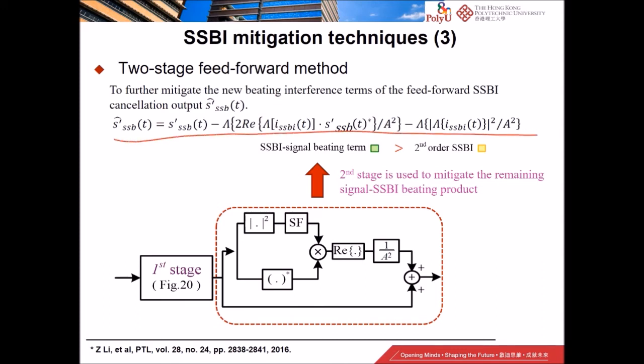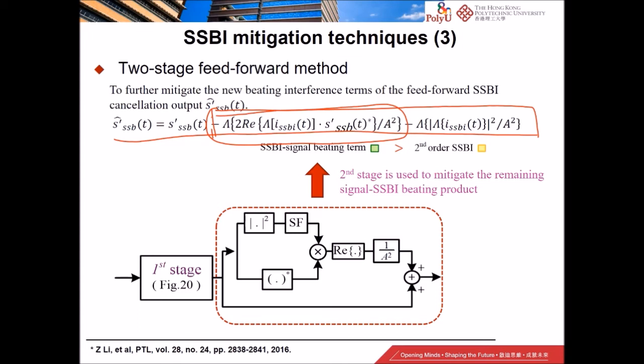So there are these two extra terms. Technically, the two extra terms are the SSBI-signal beating term, and what we call second order SSBI. Both of which are much less than the original SSBI already, but still we can extend our concept and also recreate this SSBI-signal beating term to further eliminate it.